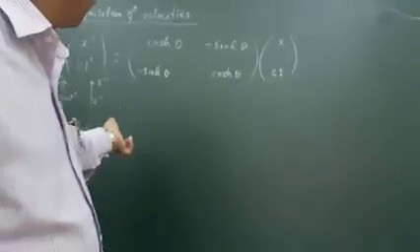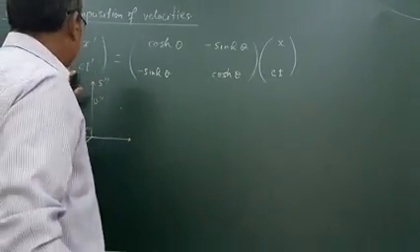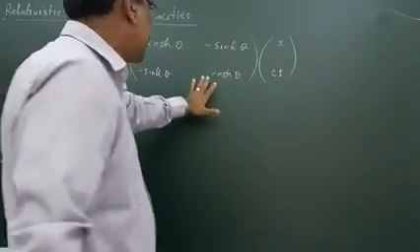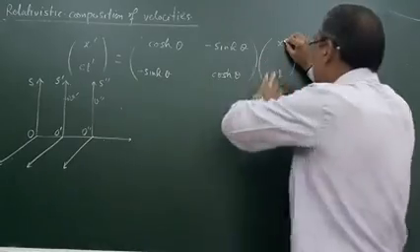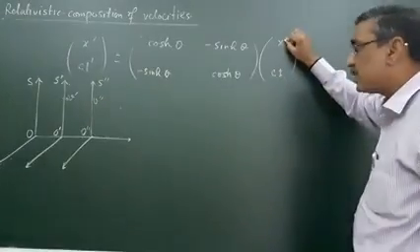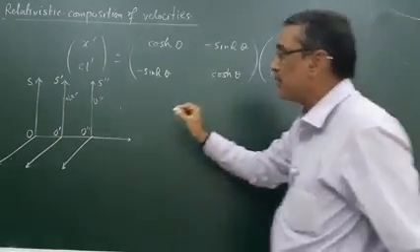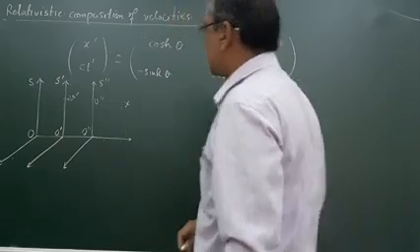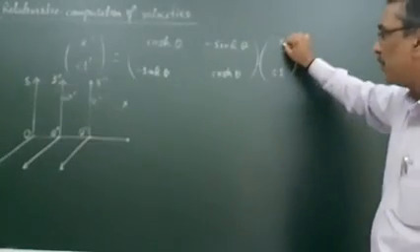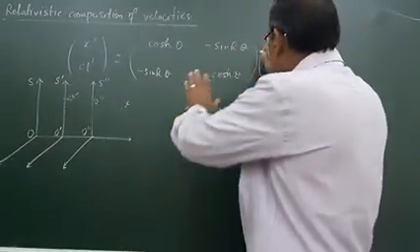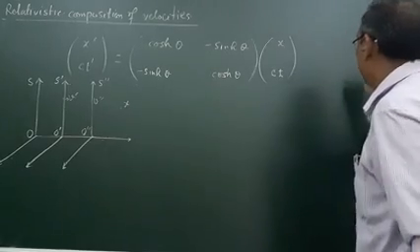We need to find the composition of velocities from these three. So x dash and ct dash can be written as this. These are the quantities in the first coordinate system, the first frame. x is the location of the point at time t. At time t, we use this transformation.